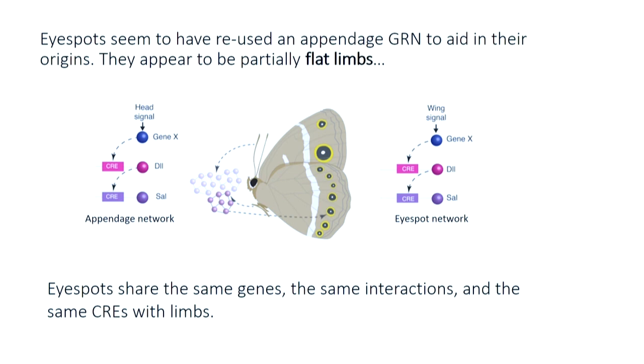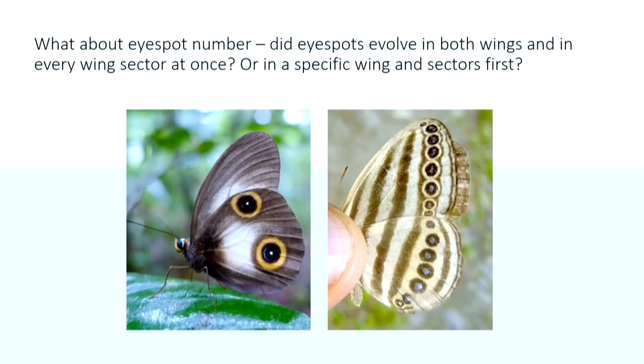with limbs. Now, going back to this original question, when we have variation in eyespot number on the wing, what exactly is going on? So I've just shown you that we've mapped eyespots to about 75 million years ago, but when they originated on the wing, where did they originate as one unit or a couple of units on the wing?